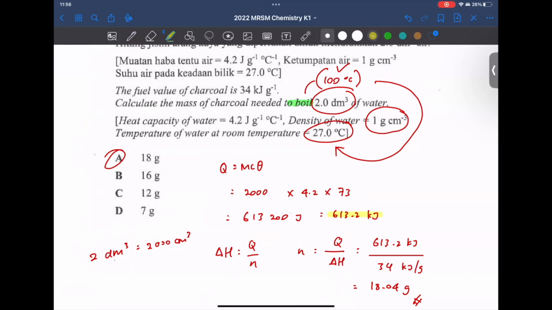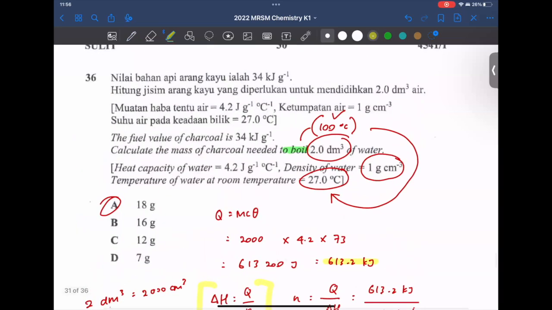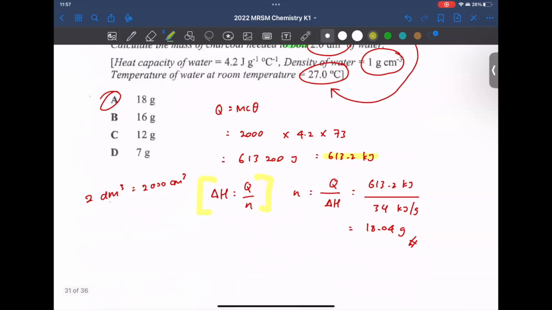All right. Then we proceed by using the next formula, which is delta H equals Q over N. But our job now is to find the N. Now, of course, the N is supposed to be the number of moles, but because the delta H value is in grams, we use grams instead of moles. So here, reshuffle the equation.